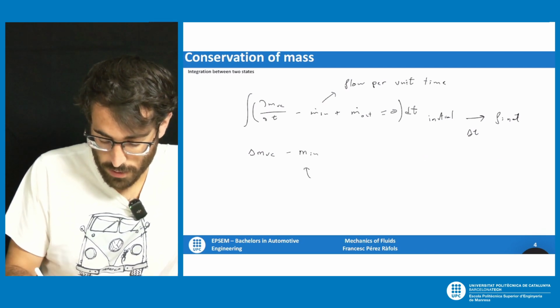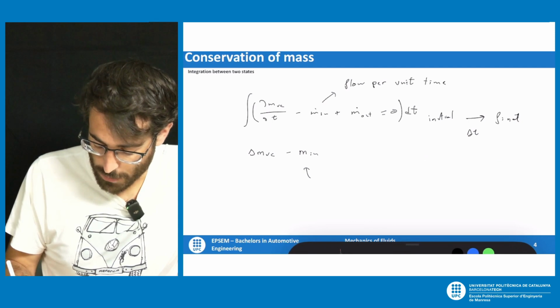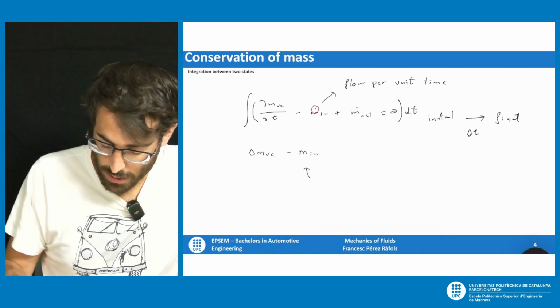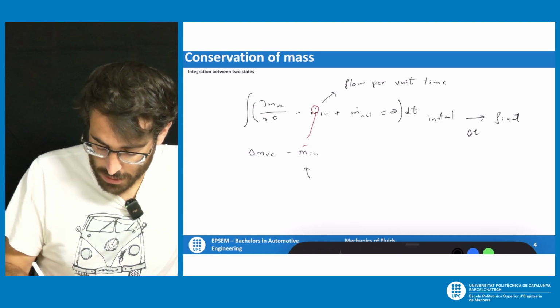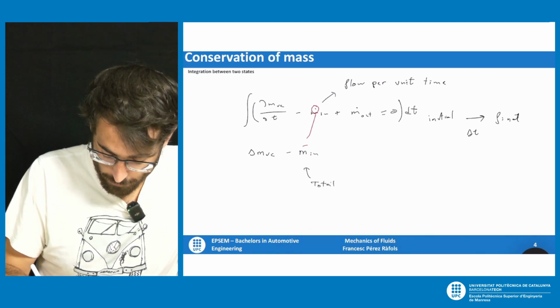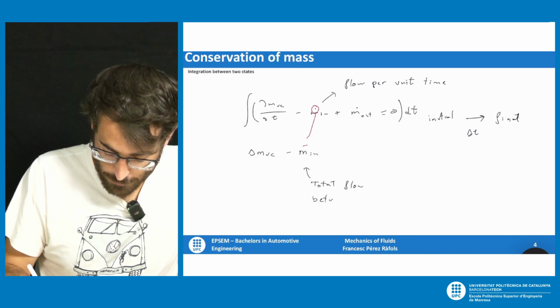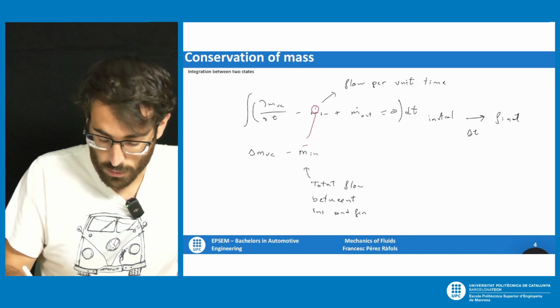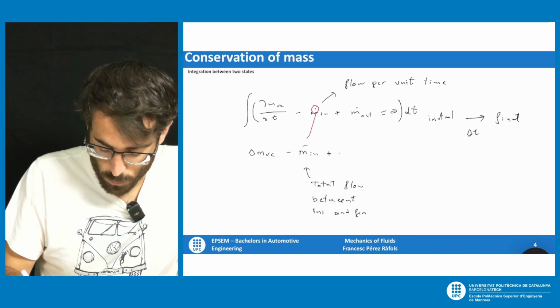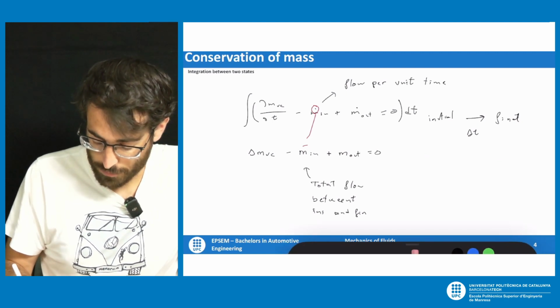Notice that what's basically changing is that the dot is no longer present. This is the total flow between the initial and final states. And the same for the mass out. And this again is 0.